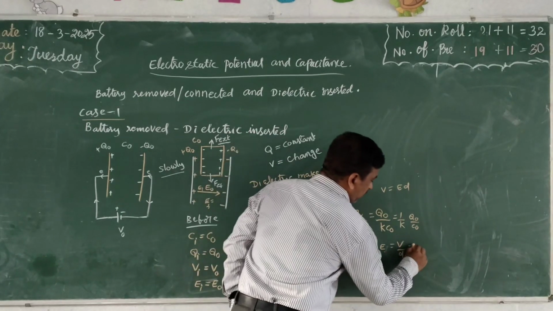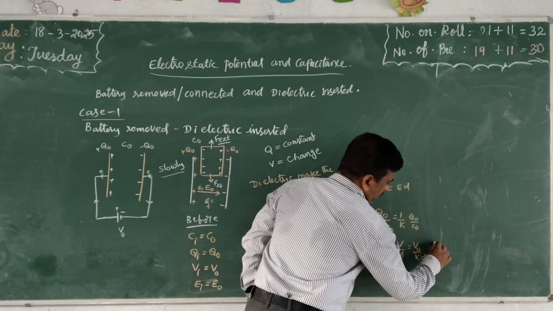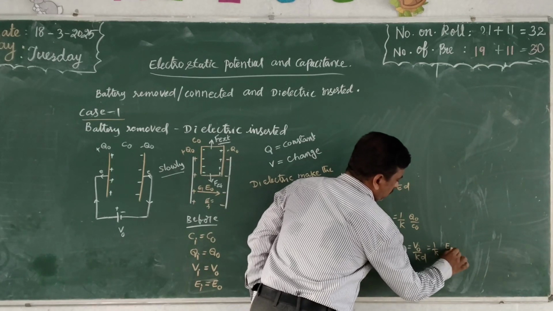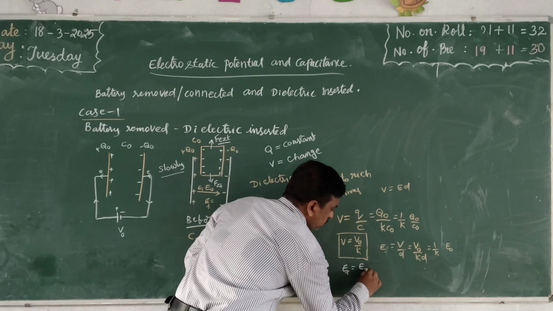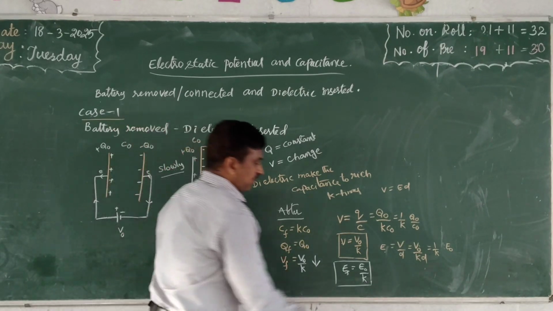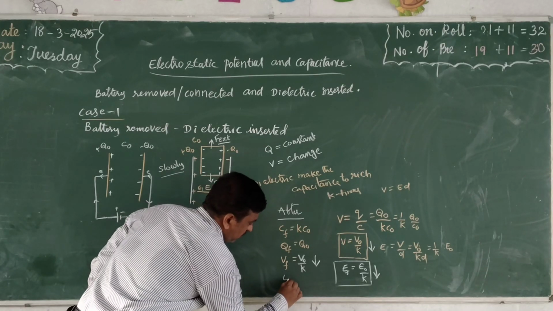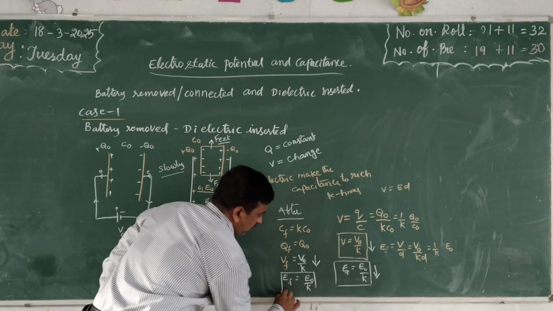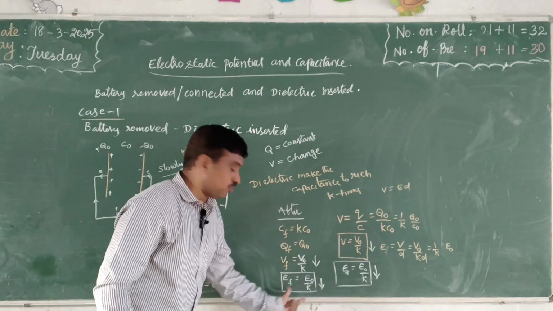It is V naught by K, so E equals 1 by K times V naught by D, which is E naught by K. So when the dielectric is inserted, the potential decreases and the electric field also decreases K times. E final is E naught by K.